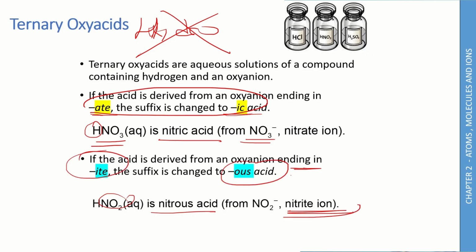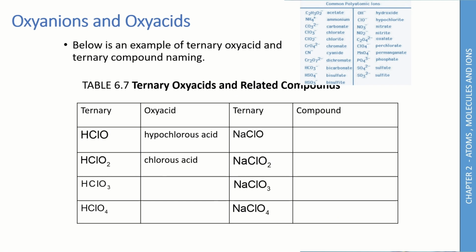ITE is ous. Okay? So look at those. ClO3. What do you have over there? ATE. So we'll finish in ic. ClO4 is perchlorate. ATE again. So it will be perchloric acid. What is ClO? Hypochlorite.